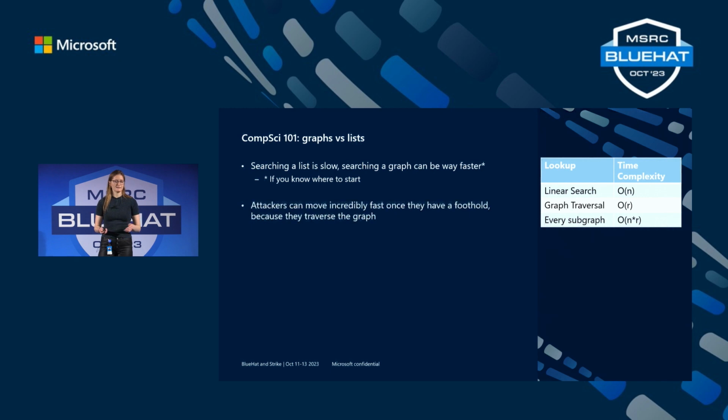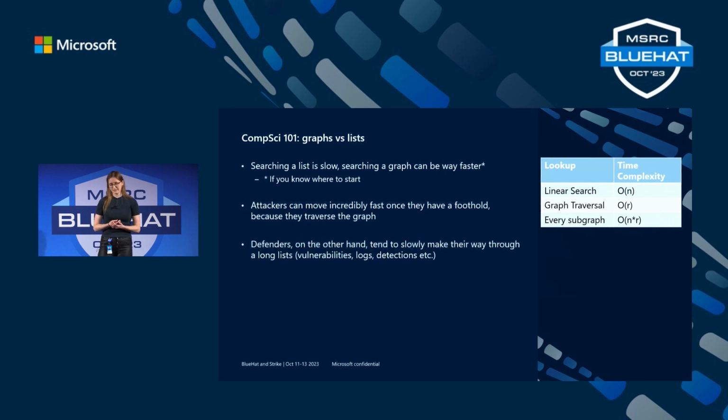But on the attacker side, they don't care about that. Basically, their search space is limited by the number of relationships from their starting point. They will start from a node and say, okay, where can I go from here, or how can I get to this other node? That drastically reduces their search space. It makes it possible for them to deal in graphs.